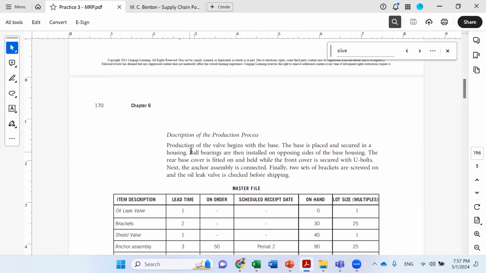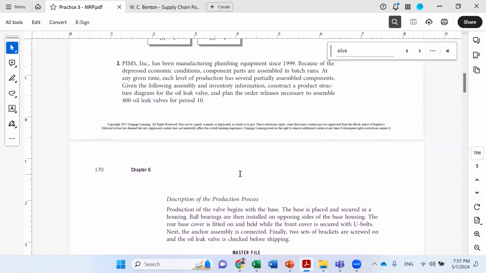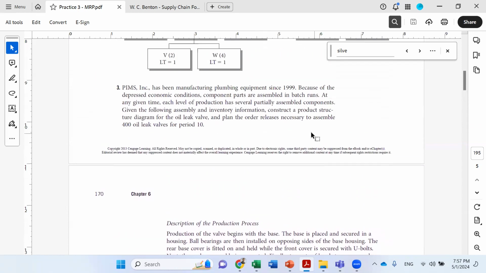It just gives you a description of the bill of material, and then you need to create a table. It tells you the order, the oil leak valve, which is going to happen in period 10, and the gross requirement for this one is 400.